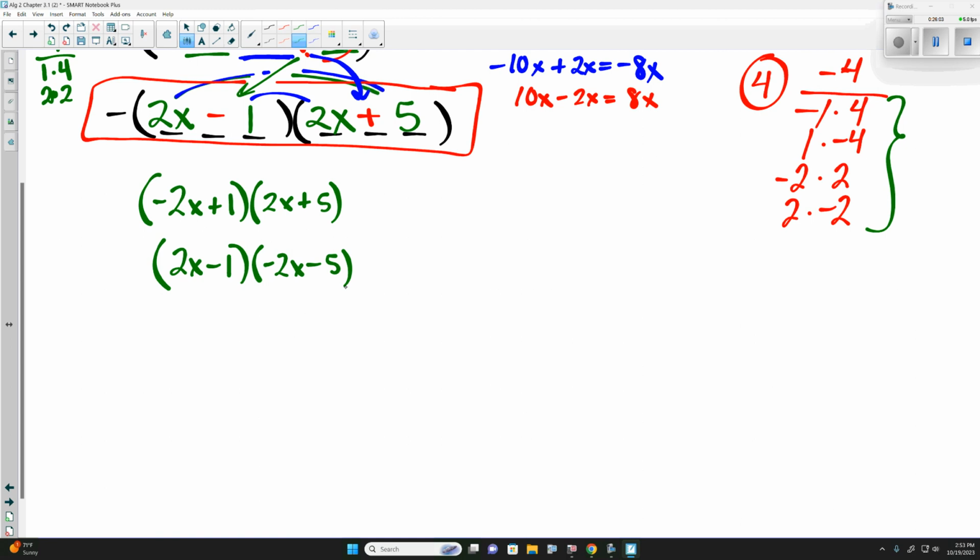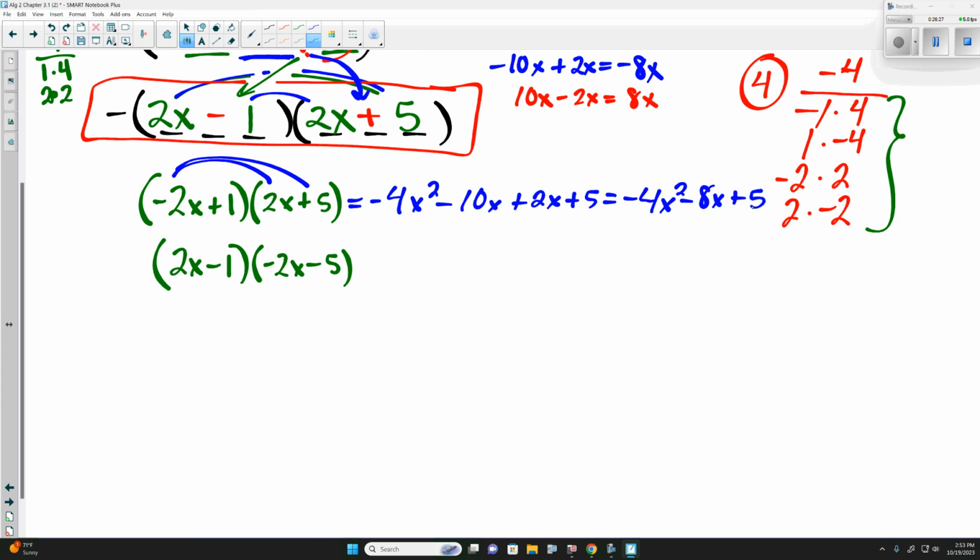Because if we check the top one, I'm going to check it all the way out. Negative 2x times 2x would be negative 4x squared. Negative 2x times 5 would be negative 10x. 1 times 2x is plus 2x. And 1 times 5 would be plus 5, which would indeed give us negative 4x squared minus 8x plus 5, which is the original problem we started with.